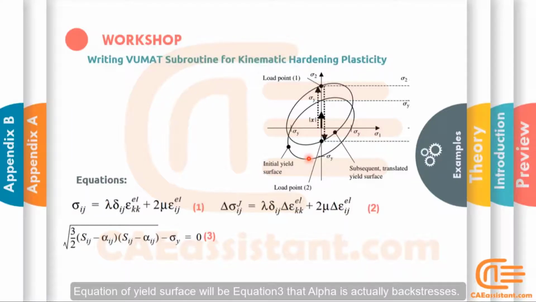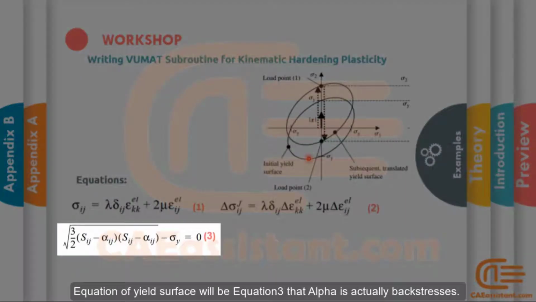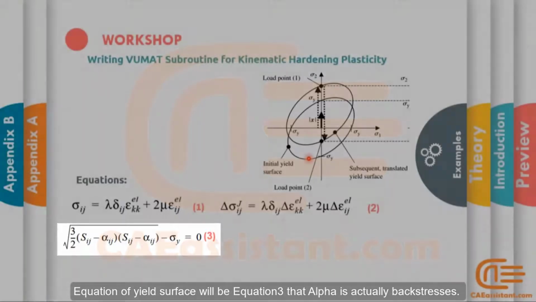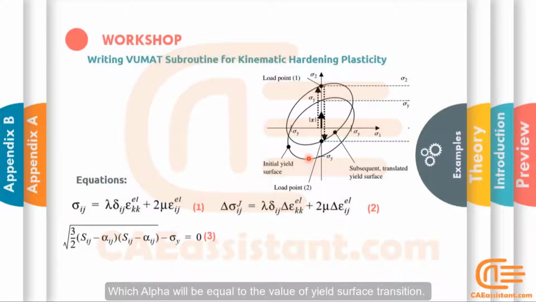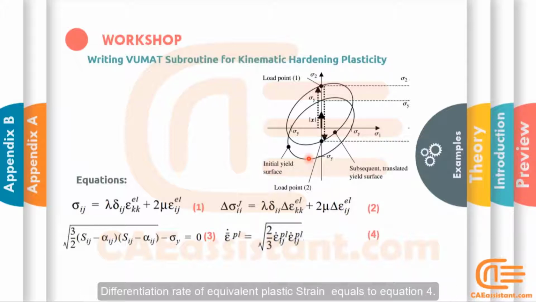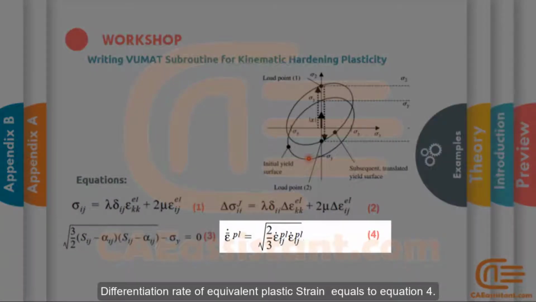The equation of the yield surface will be equation 3, where alpha is actually the back stress, which will be equal to the value of the yield surface translation, and S is the deviatoric stress tensor, and sigma y actually is the yield stress. The differentiation rate of equivalent plastic strain equals equation 4.